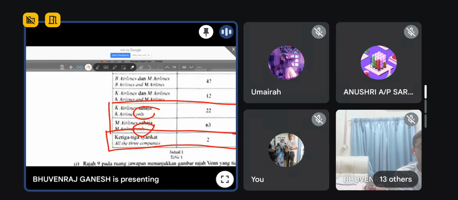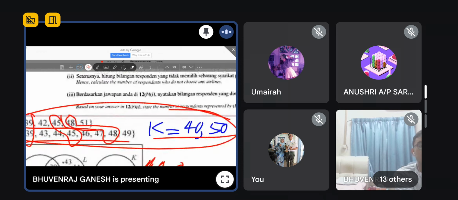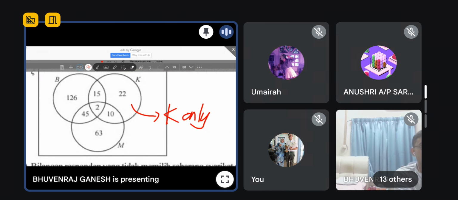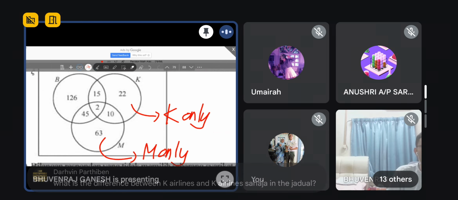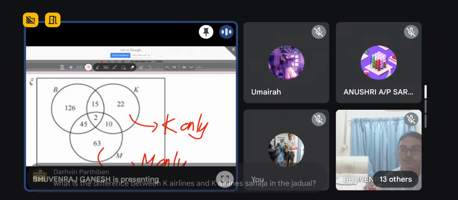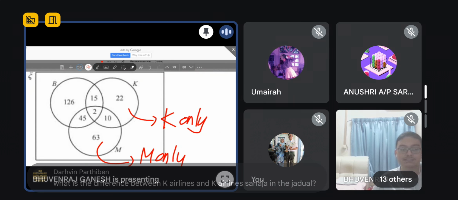And then another piece of information, M airlines 63. So this is M only. Do you all understand, guys? The circle that represents only one letter without combining with another letter, we put the word only there. All right, so then what is the difference between K airlines and K airlines sahaja?